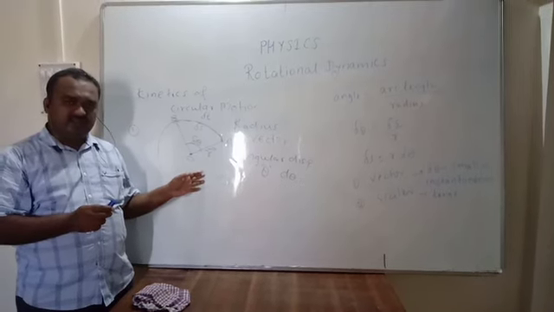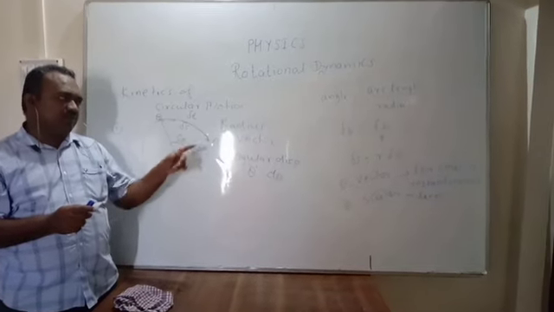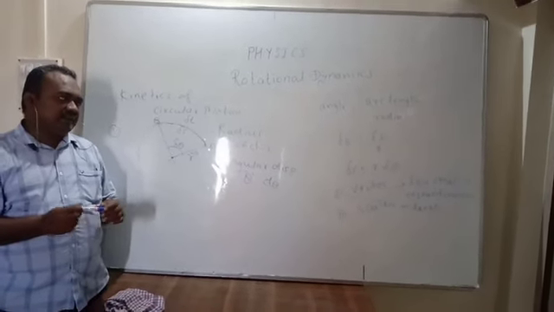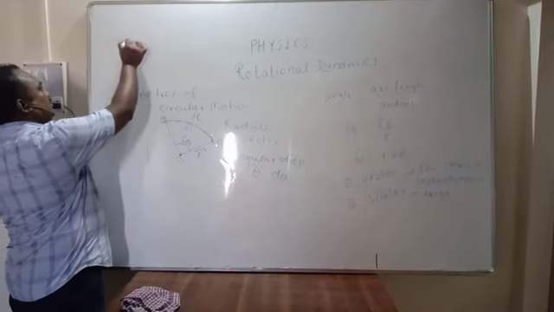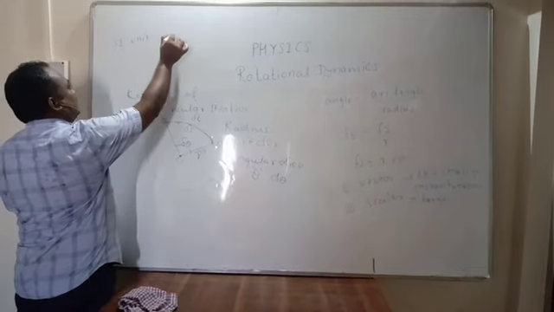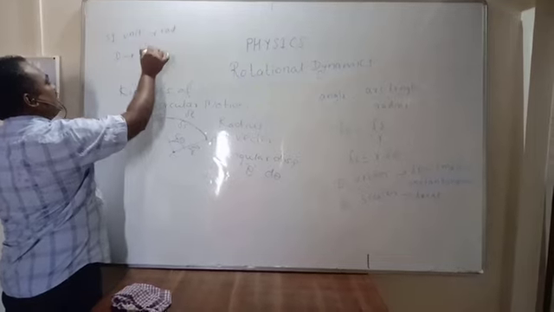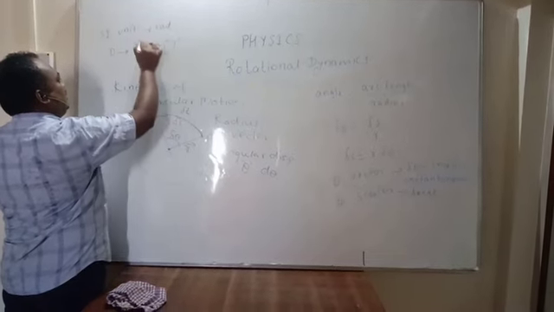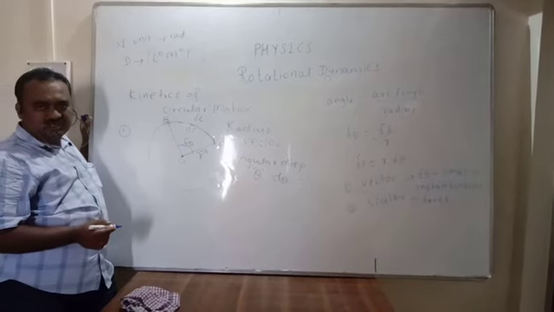When it is large, it is scalar, and when small or instantaneous, it is vector. Formula: delta theta equals delta s upon r. Its SI unit is radian, and it is a dimensionless quantity. You have to remember that angular displacement or angle is a dimensionless quantity.